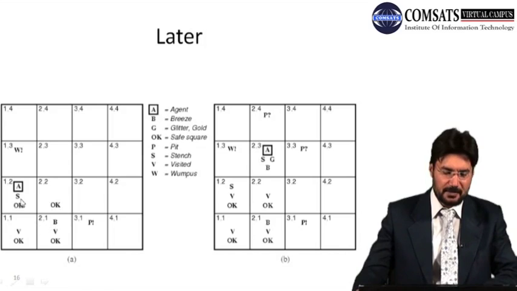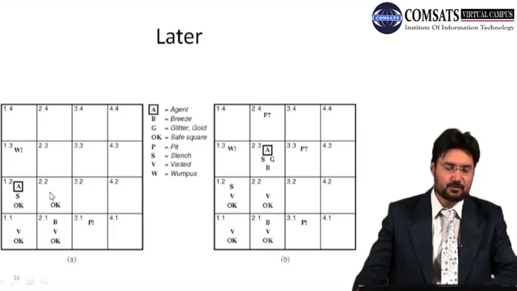So when we arrive here at 1.2, in this situation we know that there is a stench. We also know that it cannot go diagonally. So we know that either this Wumpus is in 1.3, and this is the only option because we already visited 1.1, so it cannot be here.